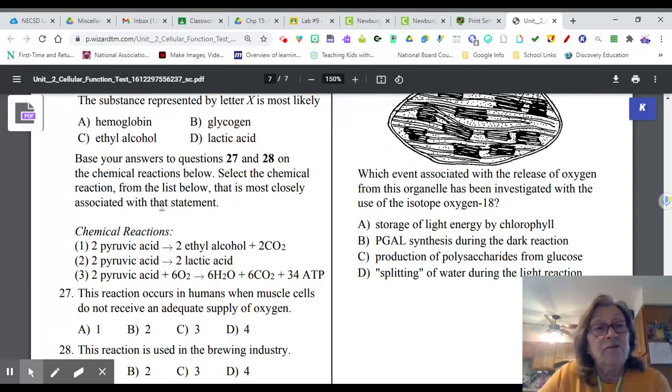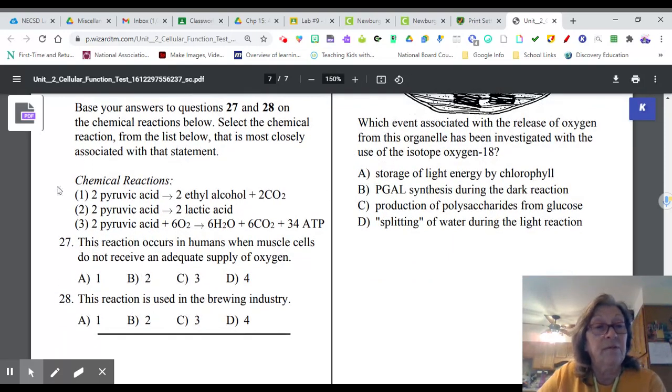Base your answers to questions 27 and 28 on the chemical reactions below. Select the chemical reaction from the list below that is most closely associated with the statement. Okay, chemical reactions. Number 1, 2 pyruvic acid to 2 ethyl alcohol plus 2 CO2.